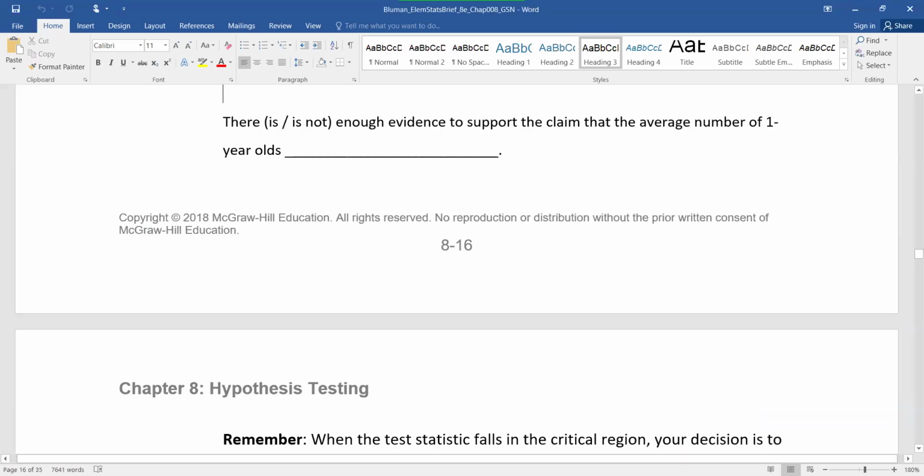So there is or is not. Which one? Okay. All right.